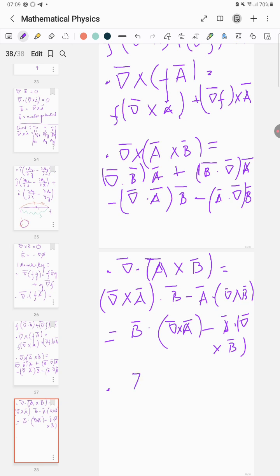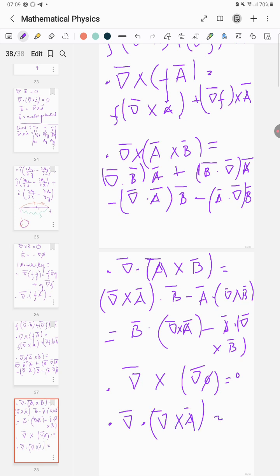Okay. Now curl of grad phi, always remember, is 0. Divergence of curl of a is always 0.